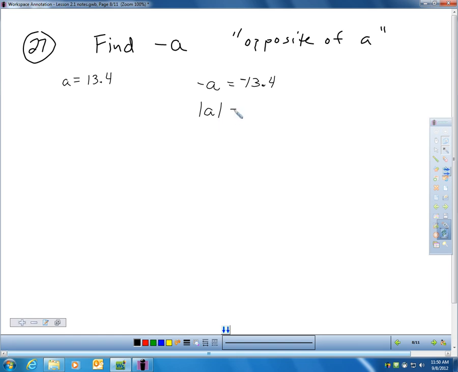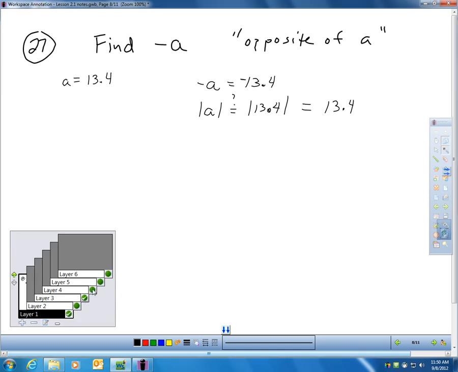In other words, what's the absolute value of 13.4? Because A is 13.4. Well, how far is 13.4 away from 0? It's 13.4 away. It would be wrong for you to put negative 13.4 because we're talking distance. Absolute value is always a distance.